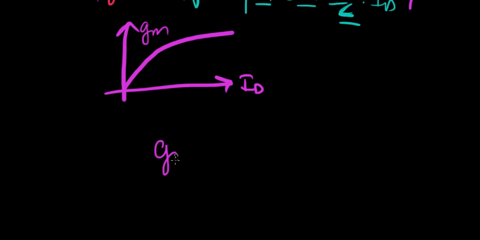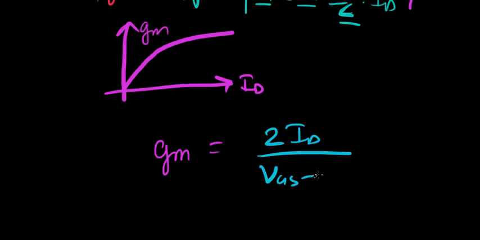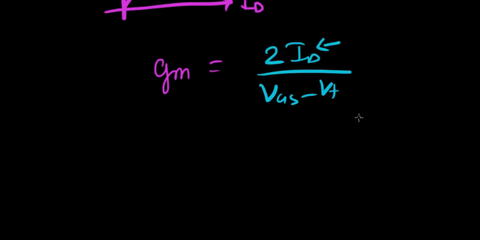Again, this is an exercise for you. GM equals 2ID over VGS minus VT. Again, if you see here, what happens is if you keep your drain current constant, and if you look at the variation of GM with VGS and VT, what do you understand?